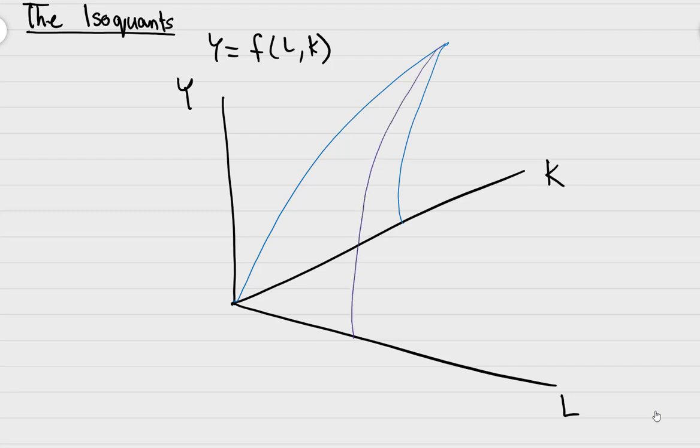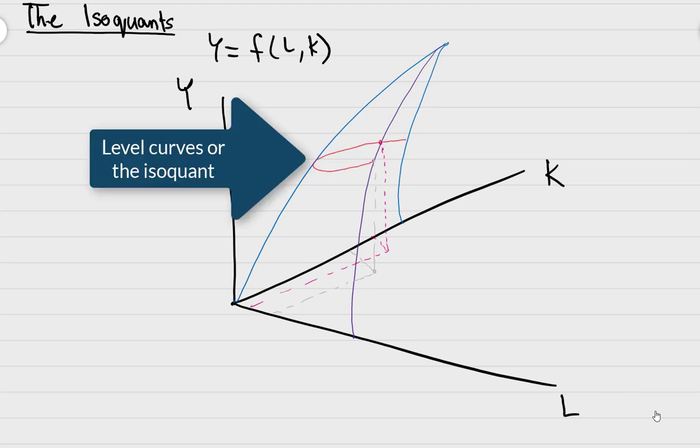Suppose we consider some specific pair of labor and capital. At this pair, we see what is the height on the surface, and we pick one point. Likewise, if we take another pair, we can have another point on the surface, and so on. If we join all these points together, we will get a level curve here.